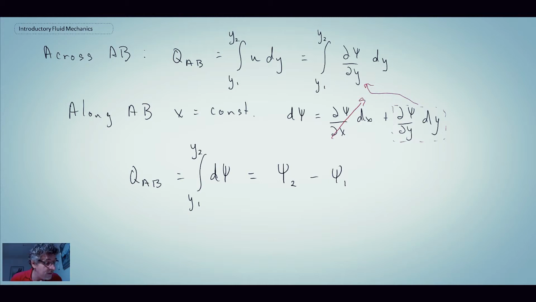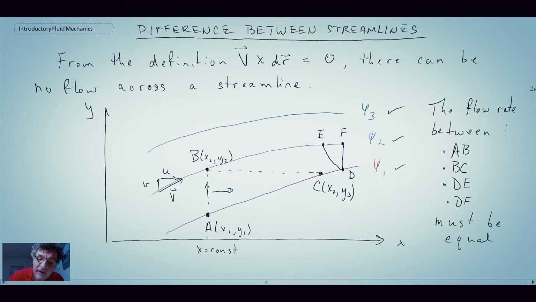And now what we're going to do is this for another one of the lines, and we'll look at the line BC. So we'll now work on this one. So let's take a look at the volumetric flow rate between those, or along that line. And in this case, the flux across that line is going to be perpendicular to it, so we can express it in the v component of velocity.